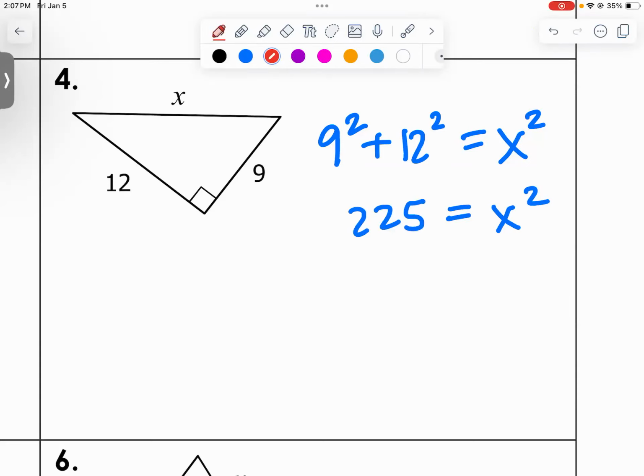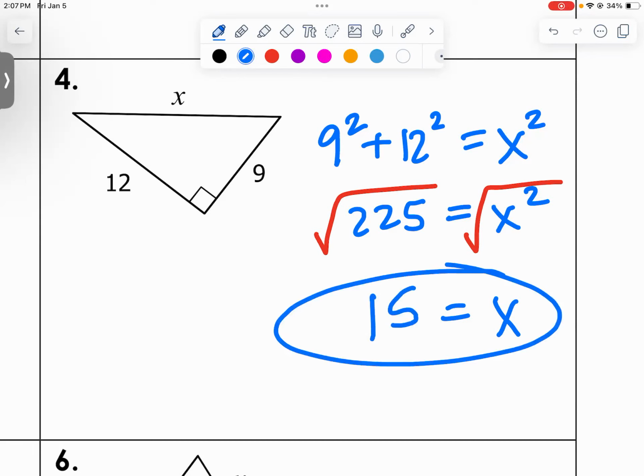Now, some of you are cool enough to already know the answer without your calculator, but we're going to square root both sides. And when we take the square root of 225, we get 15. Okay. This is great.